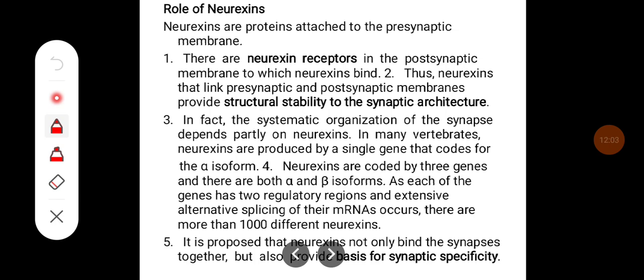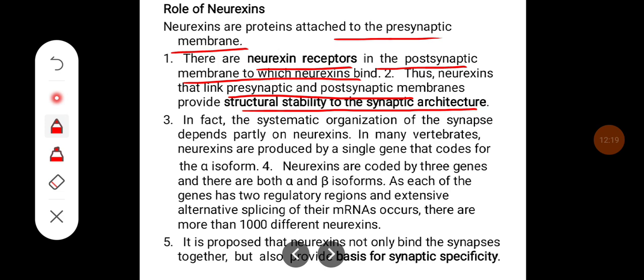Neurexins are proteins attached to the presynaptic membrane. There are neurexin receptors in the postsynaptic membrane to which neurexins bind. Thus, neurexins that link presynaptic and postsynaptic membranes provide structural stability and synaptic architecture. In fact, the systemic organization of the synapse depends partly on the neurexins. In many vertebrates, neurexins are produced by a single gene that codes for the alpha isoform.